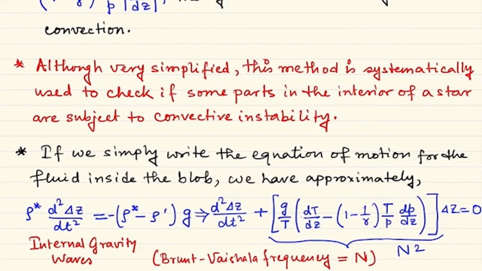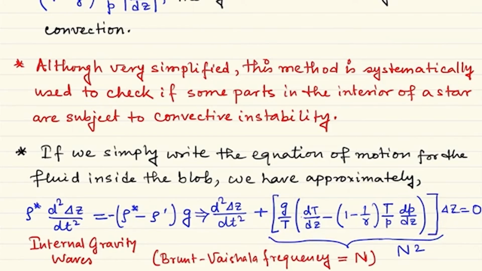Another point we can make here is that if we have this type of equation, then we just check whether this quantity is positive or not. If it is positive, then this is the square of a frequency. If it is negative, then this is not the square of a real frequency, and then the instability comes into play.